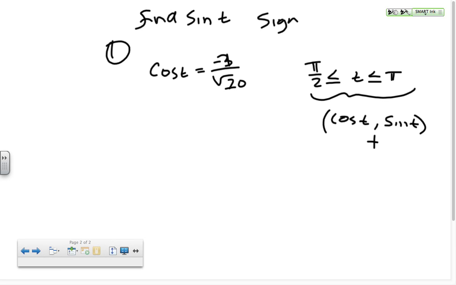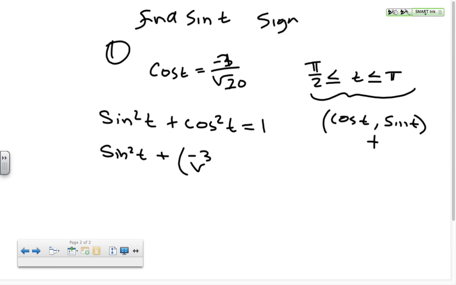So I'm going to start with this rule: sine squared t plus cosine squared t equals 1. You remember this is the Pythagorean theorem. So we're going to change the cosine squared. I have sine squared t plus, negative 3 over the square root of 10, squared, equals 1.